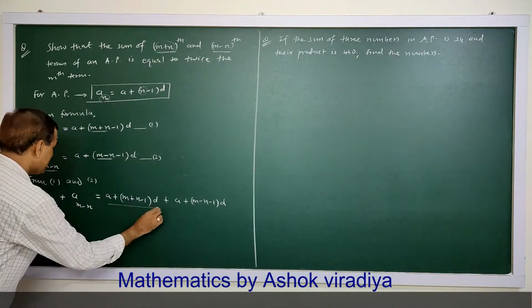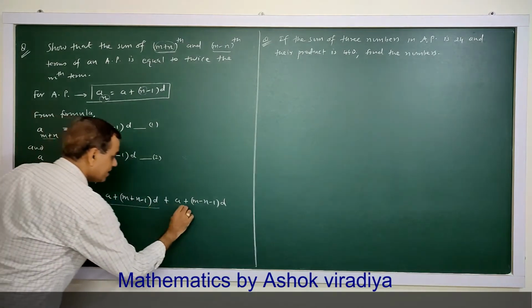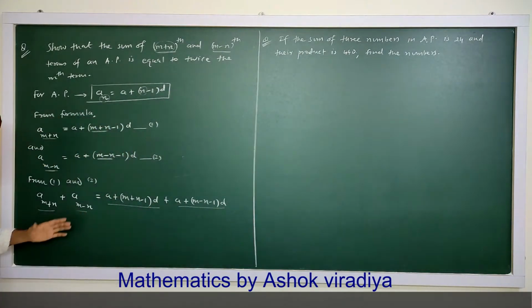So this is the m plus nth term, this is the m minus nth term. We are adding these two terms.